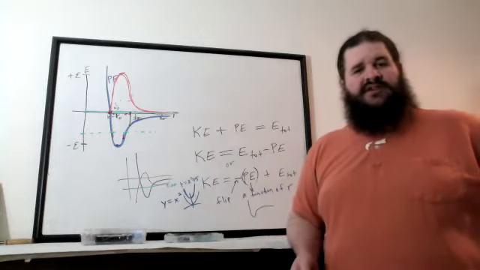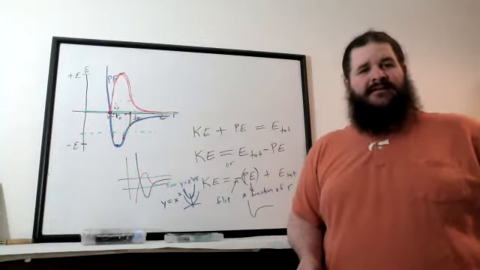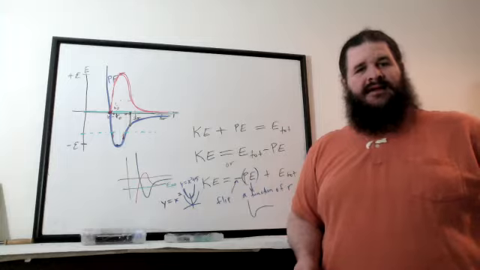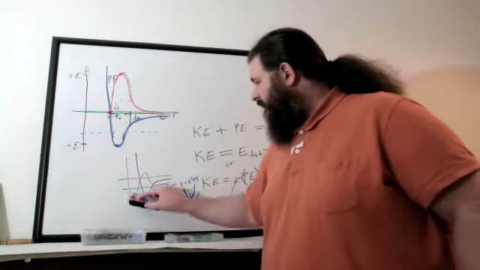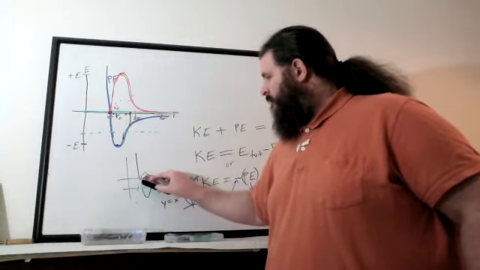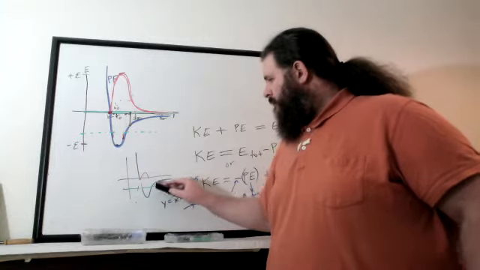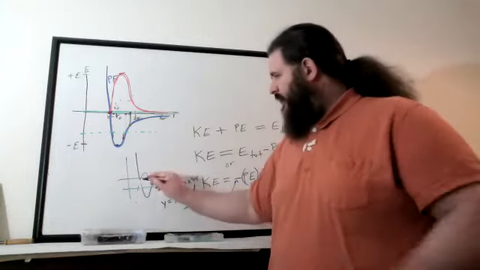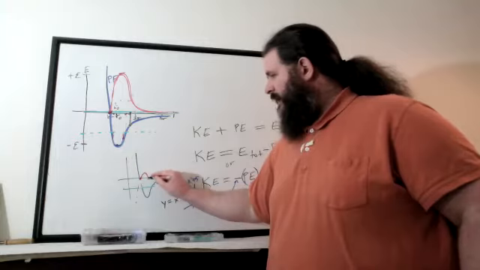But also, what's the restriction on values of kinetic energy? Kinetic energy can't be negative. So we'd have to cut off everything below the axis. And so this is our actual kinetic energy graph.